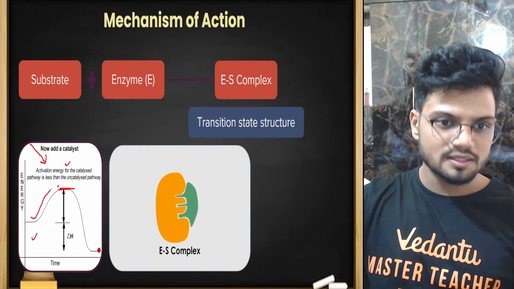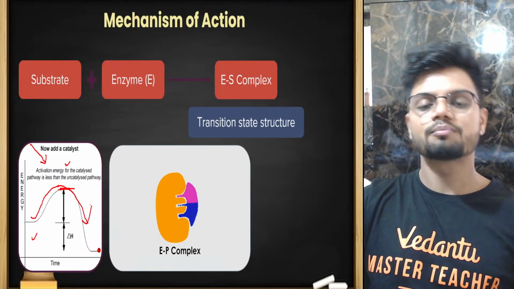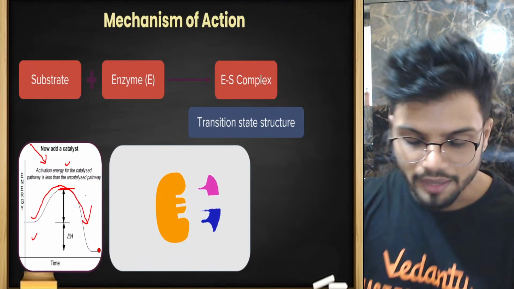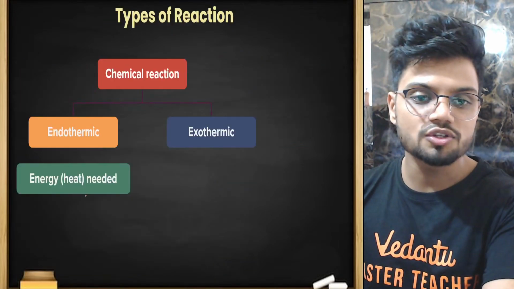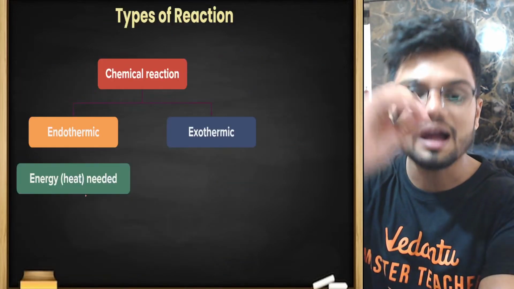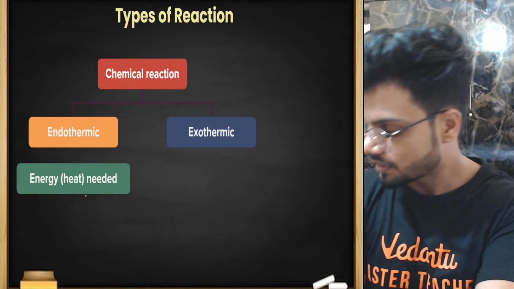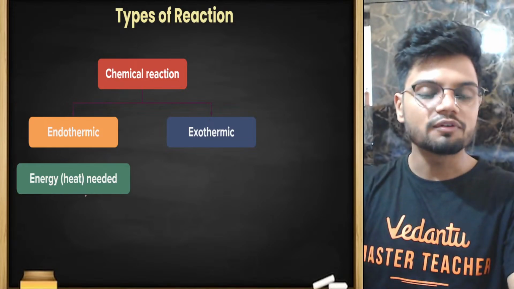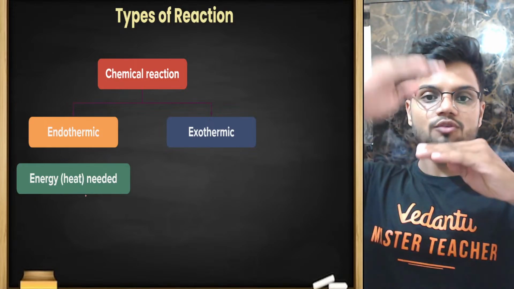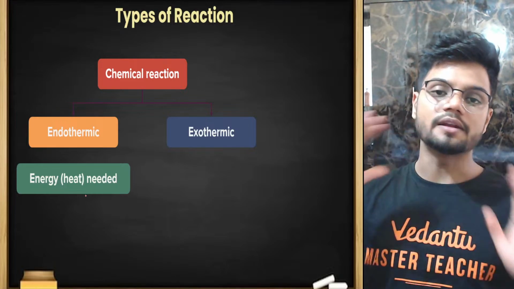Now reactants can easily become products. So the main function of enzyme is what? The main function of enzyme is reducing the activation energy. Clear all of you? Tell me. That is the main function of enzymes.